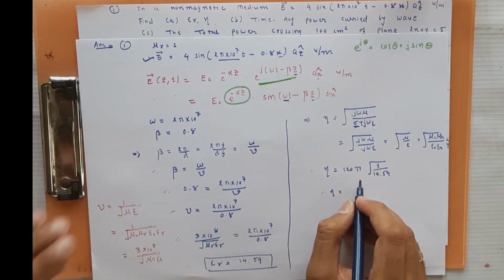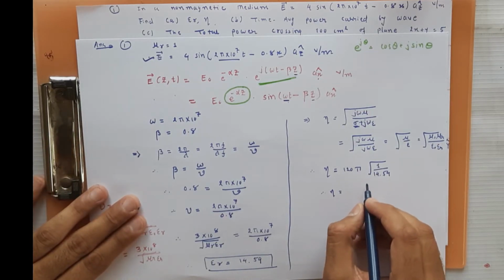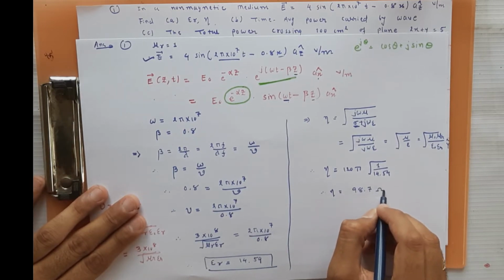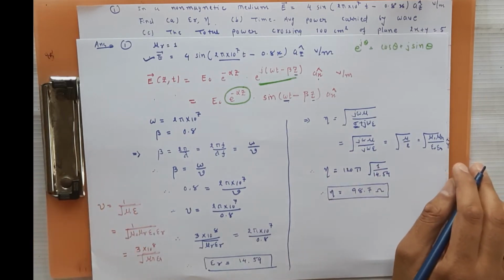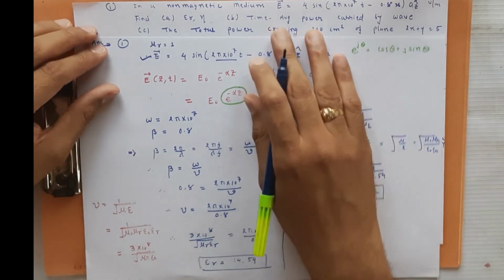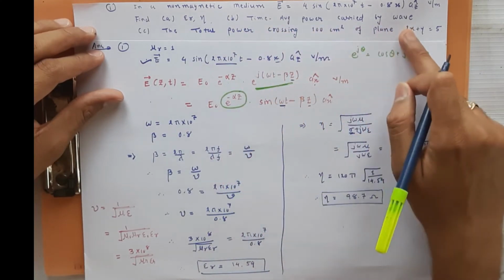Do the calculation and your answer is 10 pi square, or 98.7 ohm. So the intrinsic impedance for this medium is 98.7 ohm. Clear?